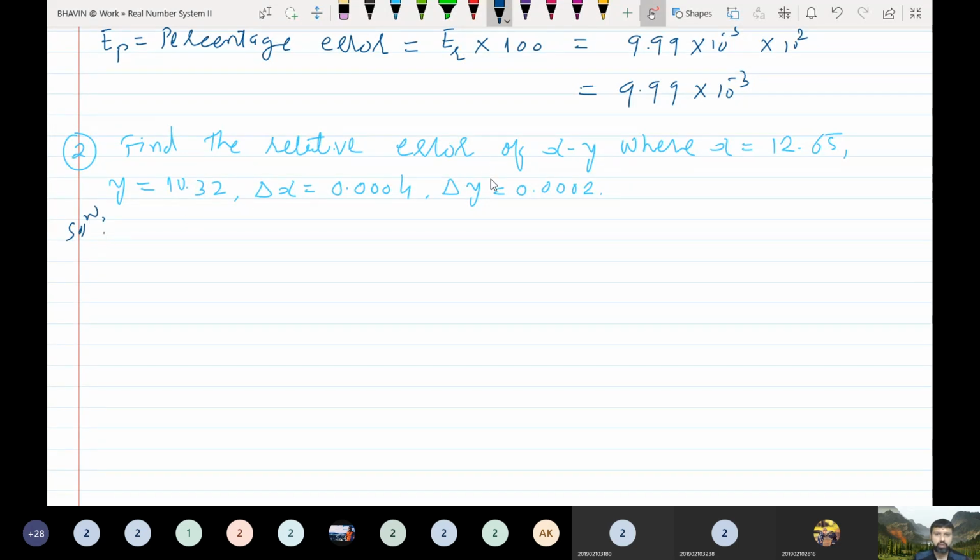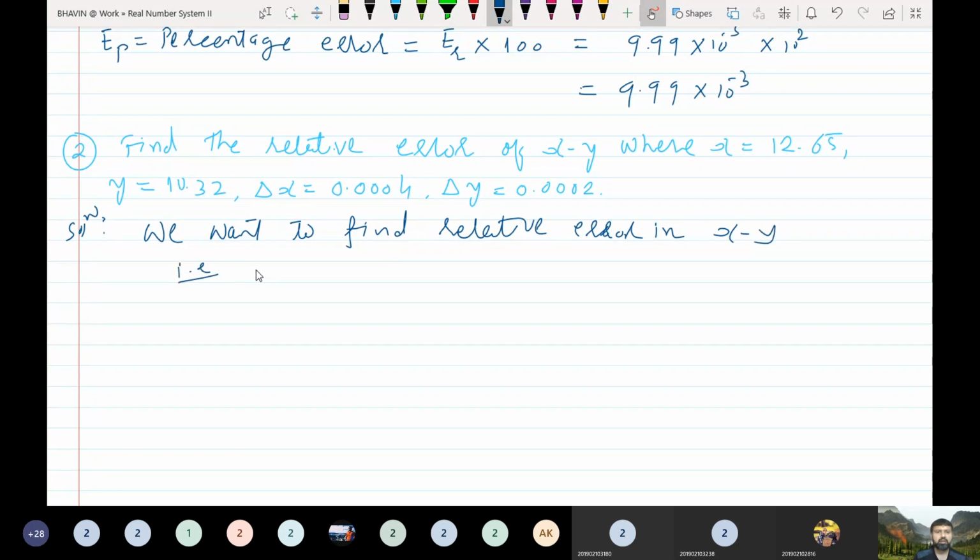So here I want to find out errors in x minus y. Relative error in x minus y, relative error means ER.